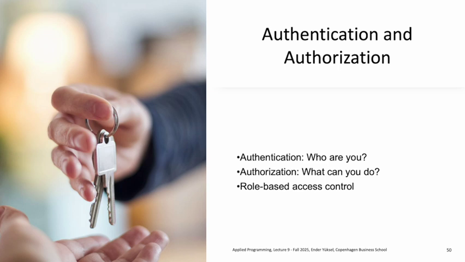In Angular, you can use route guards to prevent unauthorized users from navigating to certain pages. For instance, you can block access to the admin dashboard unless the user has the admin role. Together, authentication and authorization form the backbone of secure user access. Without them, anyone could access anything, which is a huge risk.